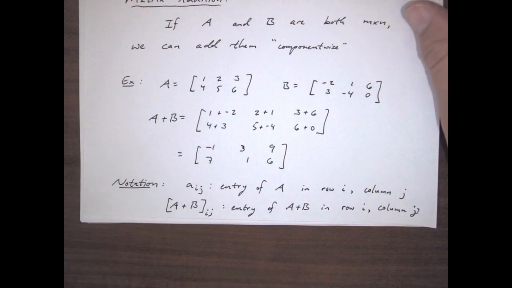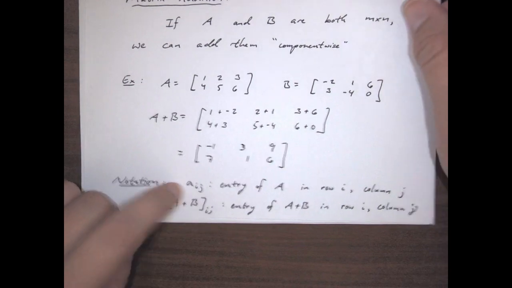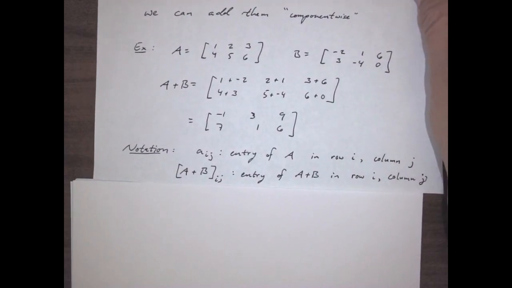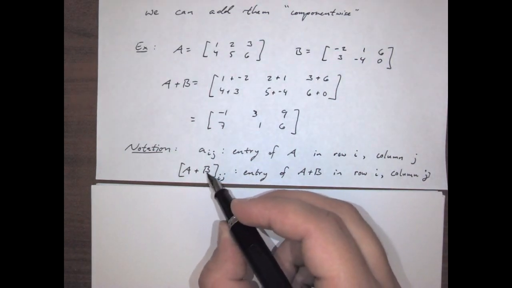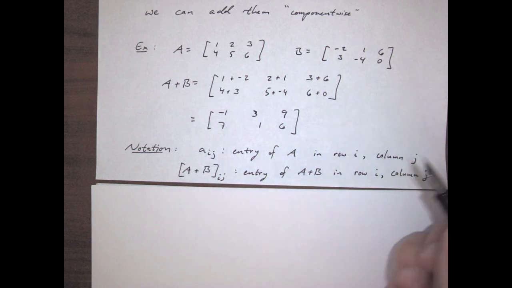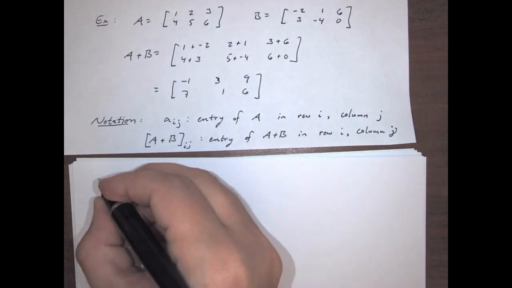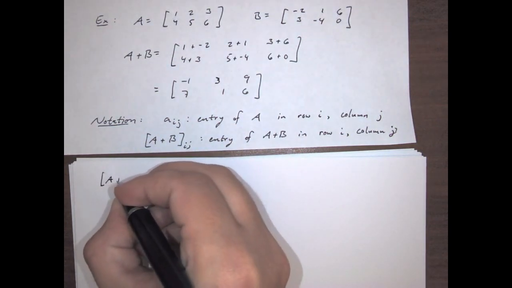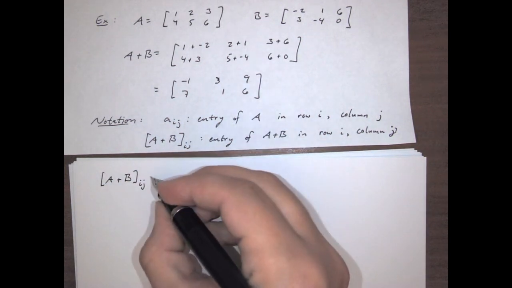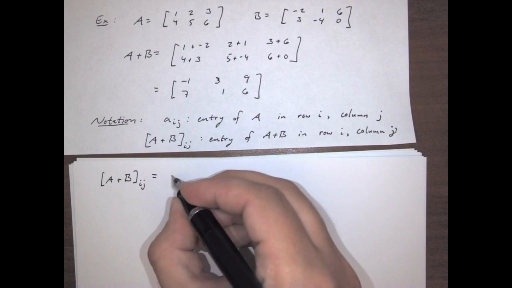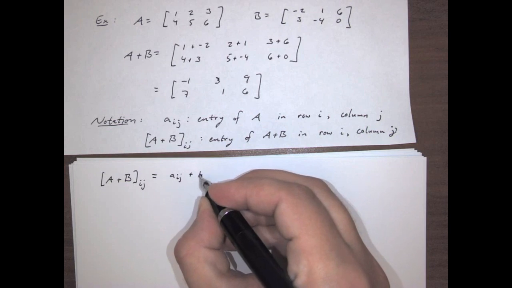So the notation here is if it's just a matrix you're talking about, you just use the lowercase version of that letter with i and j as subscripts, and then if you're talking about something more complicated, you just put brackets around it and then do a little subscript i, j. So then we would write A plus B sub ij to indicate the ijth entry of the sum is just the ijth entry of A plus the ijth entry of B.